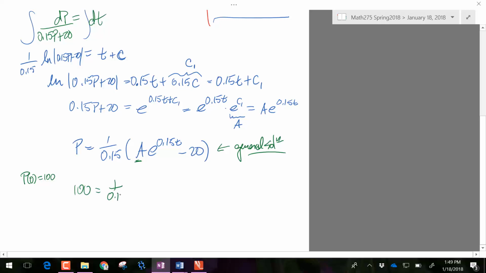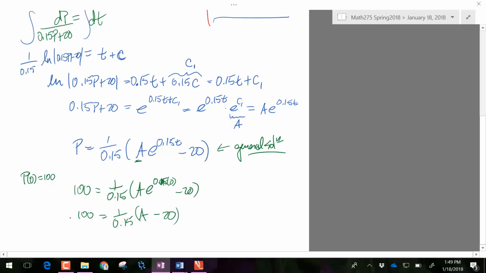And then we'll plug in those values and solve for the arbitrary constant. So e to the 0 is 1. I have 100 equals 1 over 0.15 times A minus 20 in parentheses.